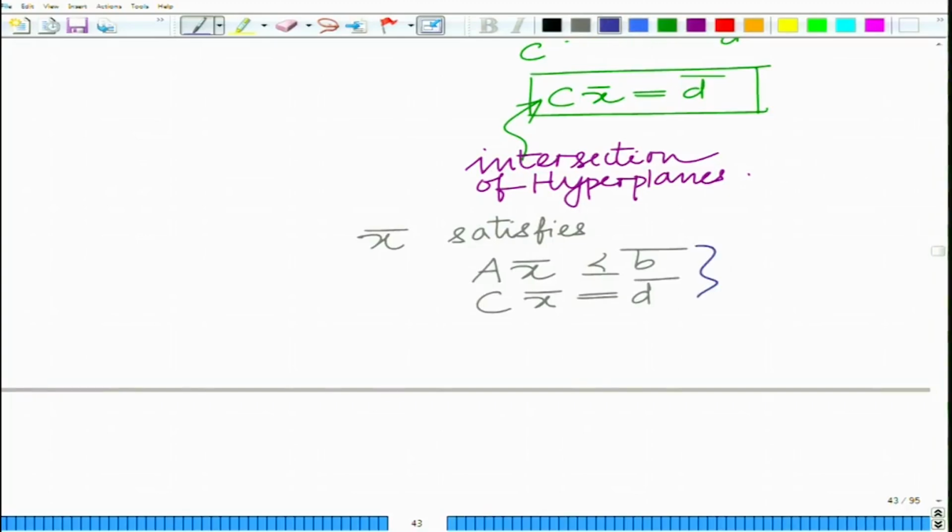This region represents what we know as a polyhedron. That is an intersection of a finite number of hyperplanes and half spaces, and basically represents a polyhedron.